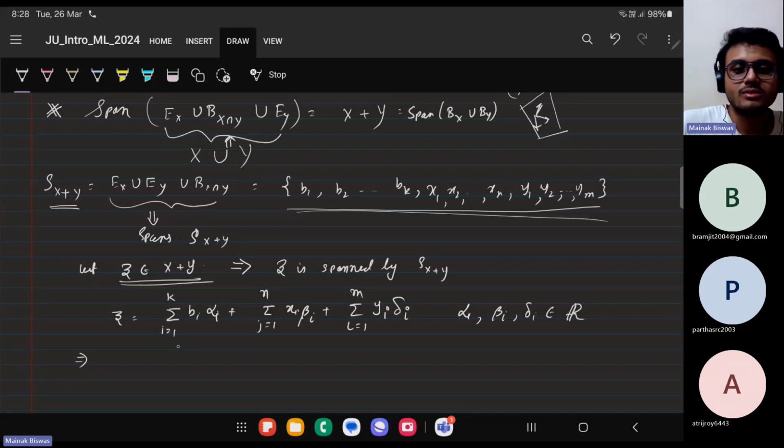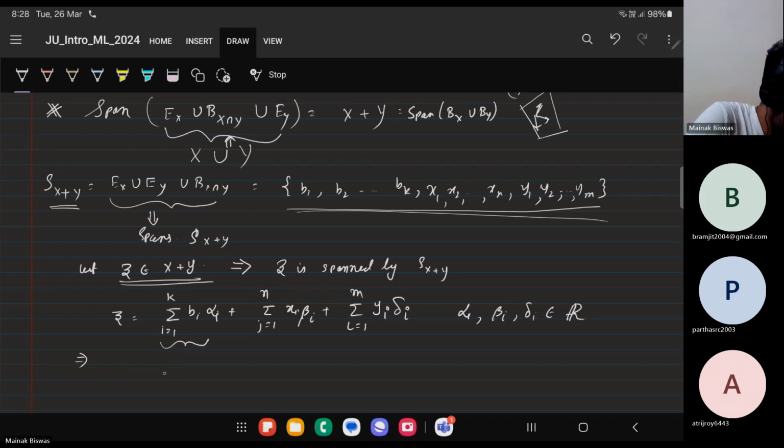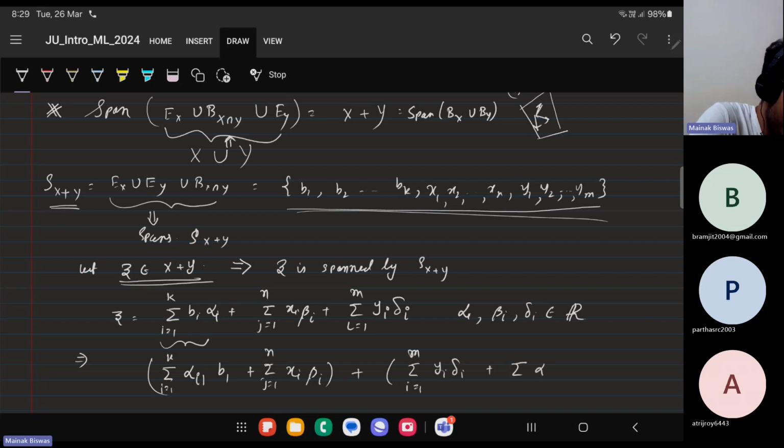Okay, now I can do a simple thing. I can break this into two sums. Let me write summation of i from 1 to k alpha i1 bi plus j equal to 1 to n xj beta j plus summation of i equal to 1 to m yi delta i plus alpha i2 bi.